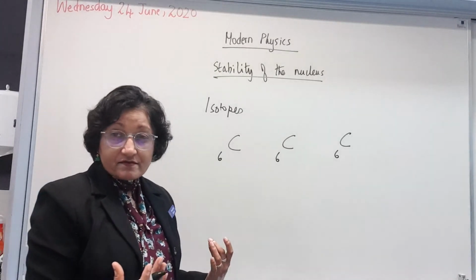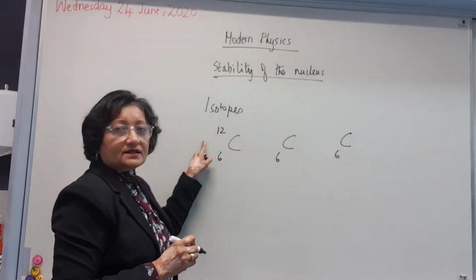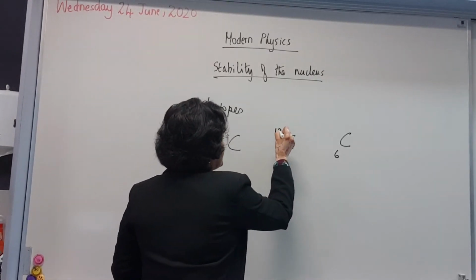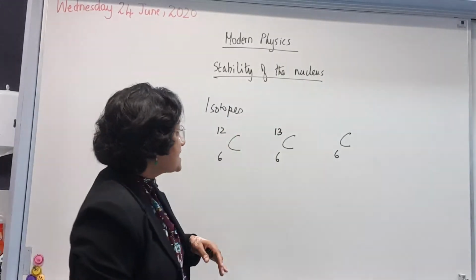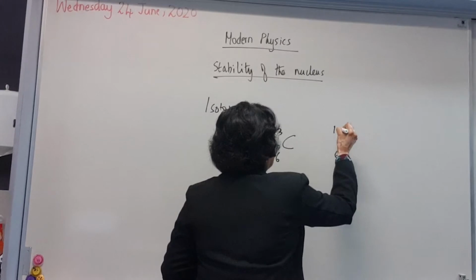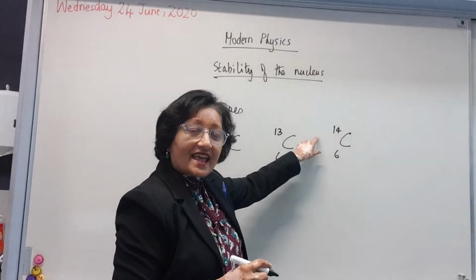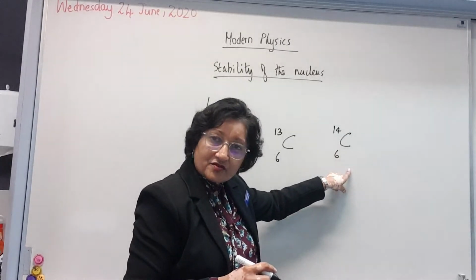The one that we're familiar with is carbon 12 because it has 6 protons and 6 neutrons. This is really stable. And then there's carbon 13, which has got 6 protons but 7 neutrons. And then there's carbon 14, which has got 6 protons but 8 neutrons. And this one's quite unstable, it's radioactive.